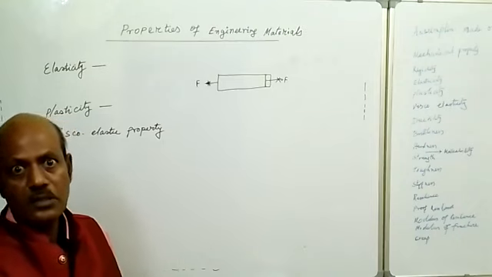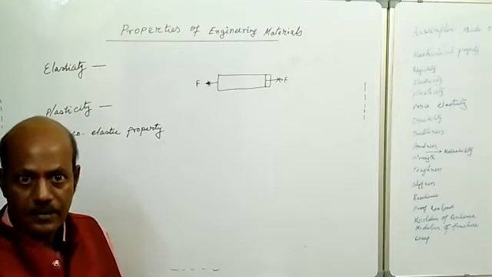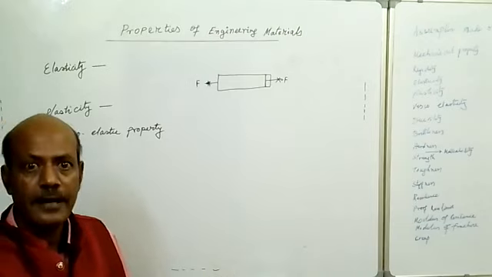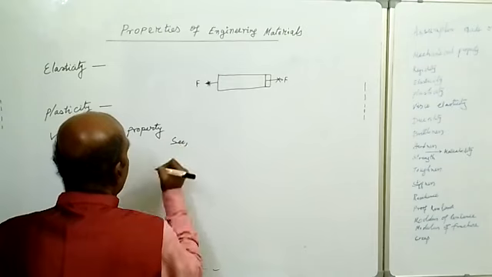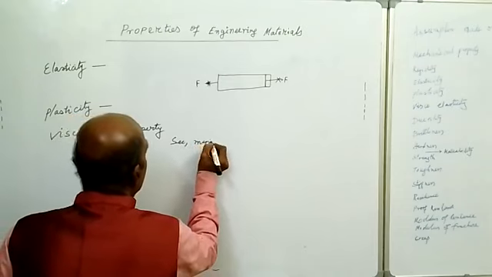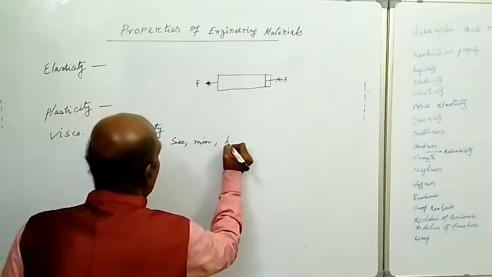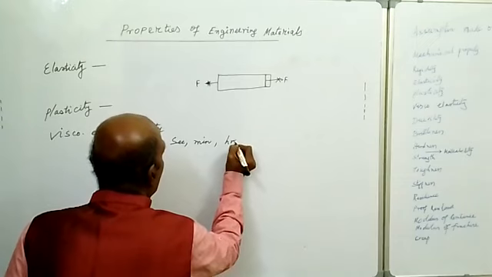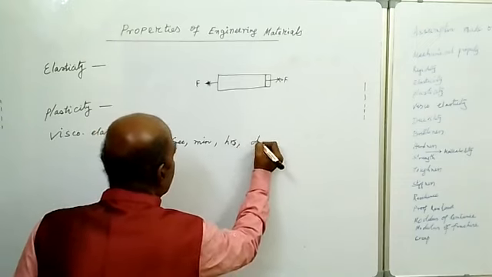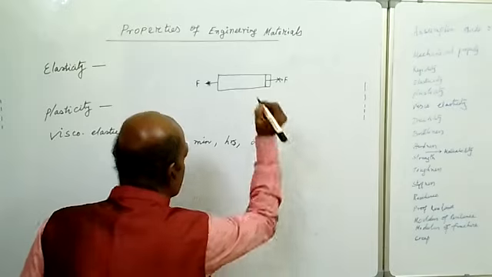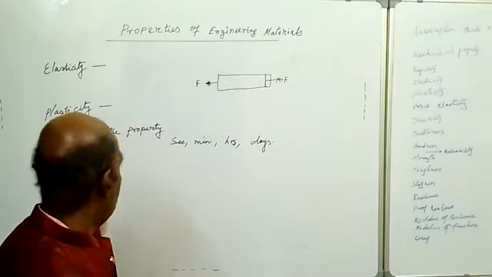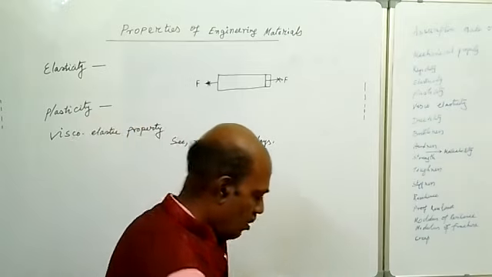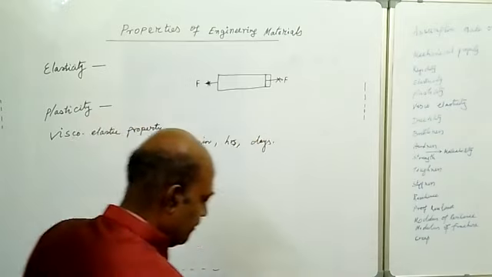It will come back to its original shape and size, but with some time. That time may be in seconds, minutes, hours, or it may be in days. So some plastic-like materials show this behavior, that is called the viscoelastic property.